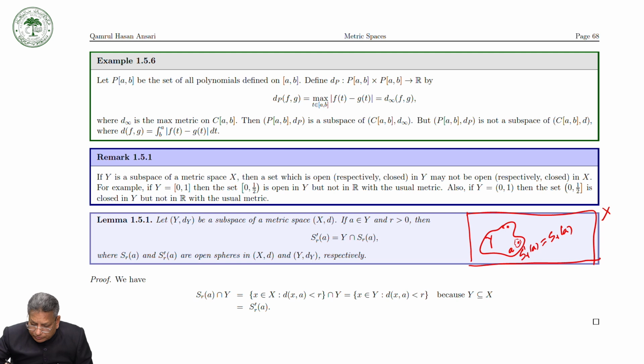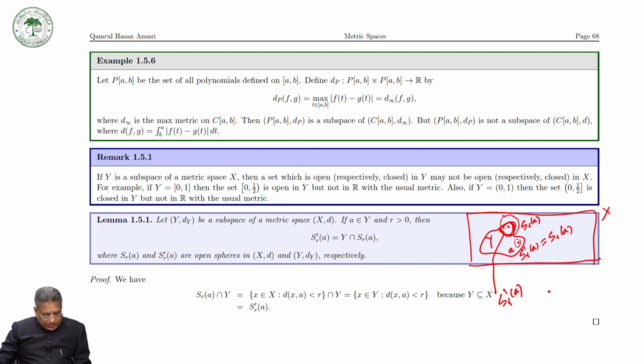Otherwise, suppose you have a point A and you have a ball, this one, okay, then this is the ball R A, the ball with respect to D, and this portion is the ball with respect to dy.